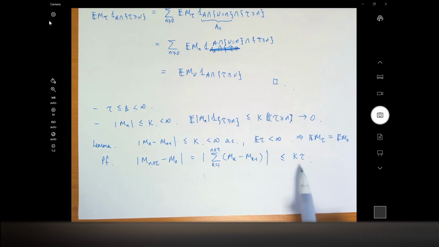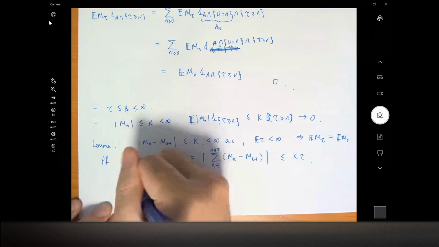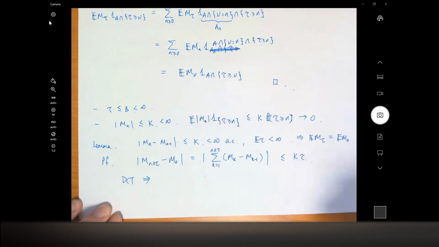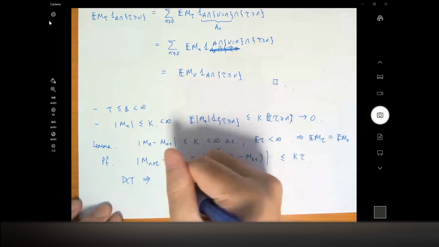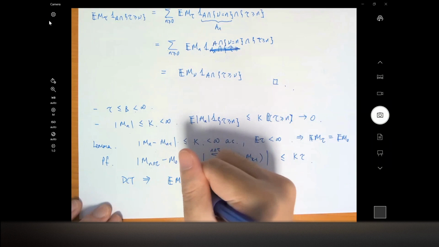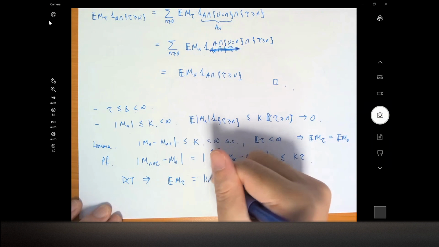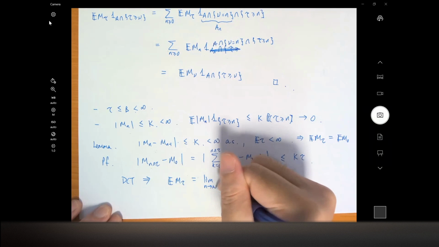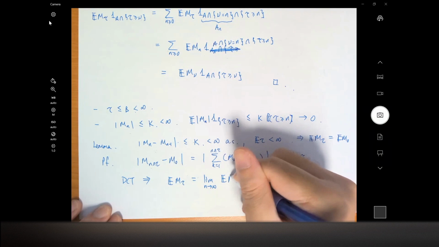Okay. And because we assume that this is integrable, now we can apply your DCT. So DCT will imply that this expectation of M tau will be just taking the limit. You can take the limit outside of this guy.